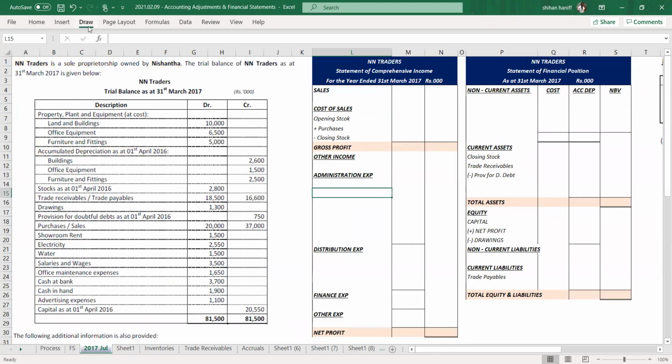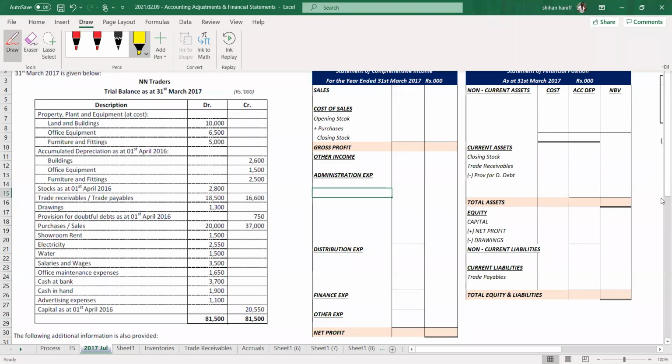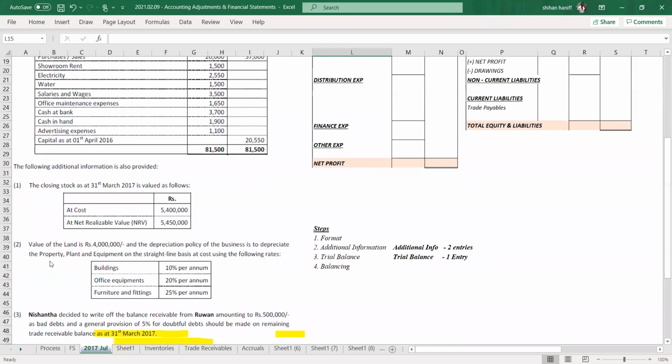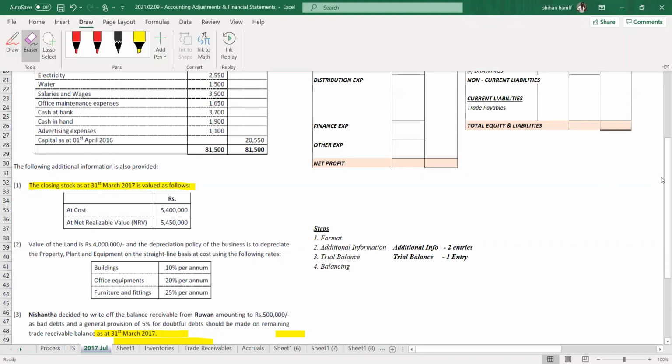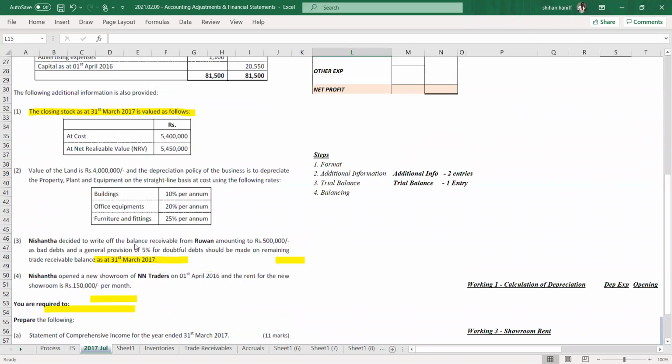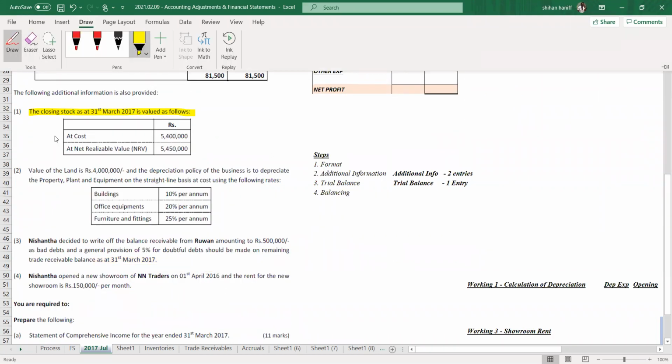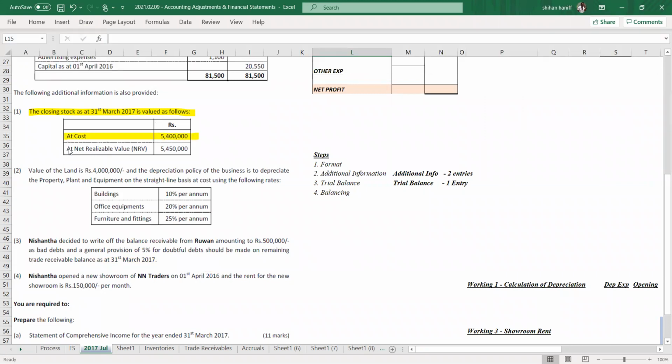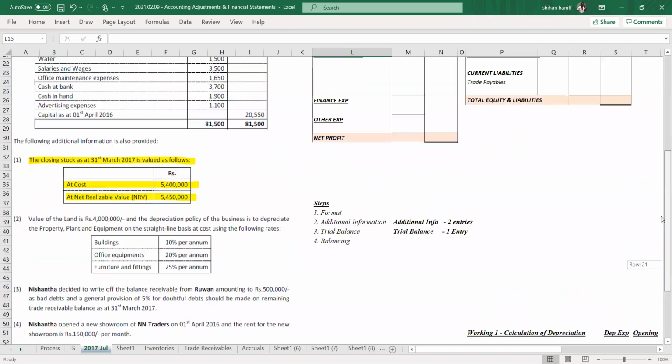So we'll start with number 1. The closing stock as at 31st March 2017 is valued as follows. Closing stock cost is 5.4 million. Net realizable value is 5,450,000.